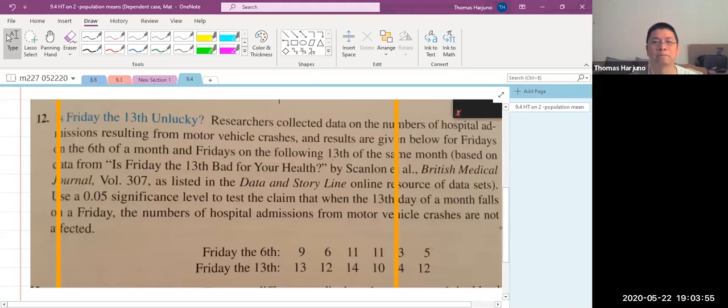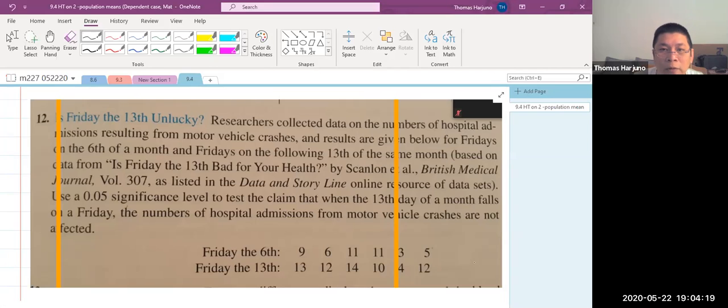Here's the question. Researchers, sorry, this should be 13 and 14. Oh no, it's 3 and 4, that's right, okay. Yeah. So, researchers collected data on the numbers of hospital admissions resulting from motor vehicle crashes. And results are given below for Fridays on the 6th of the month and Fridays on the following 13th of the same month.